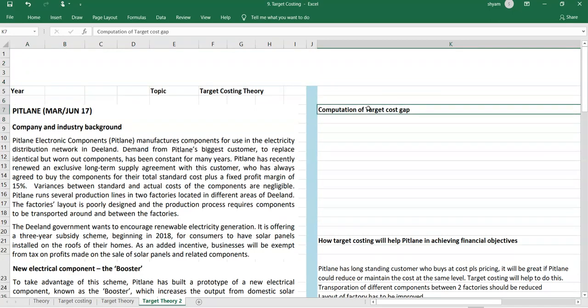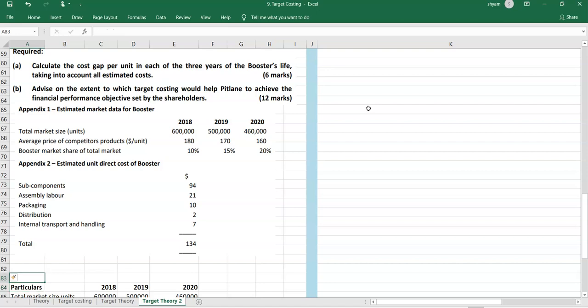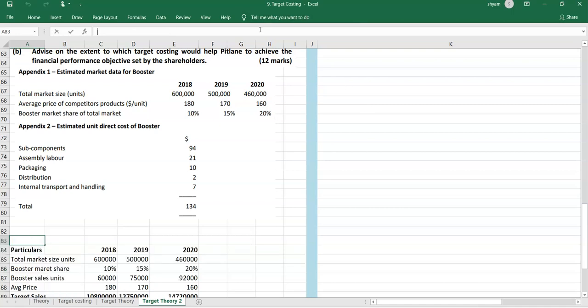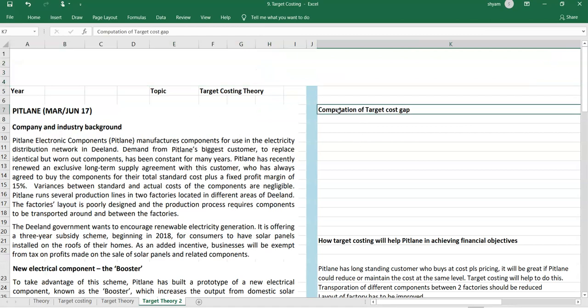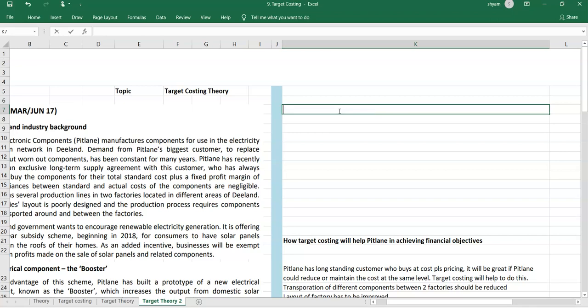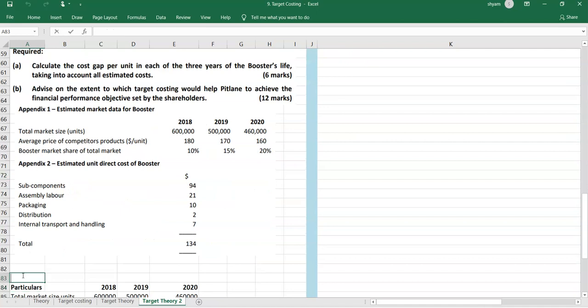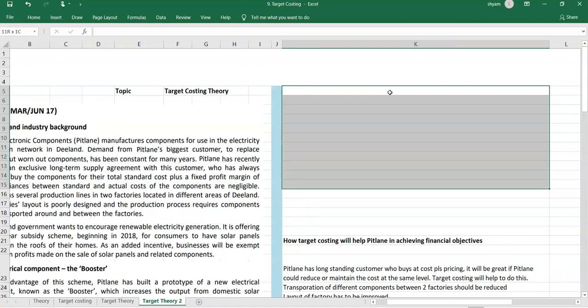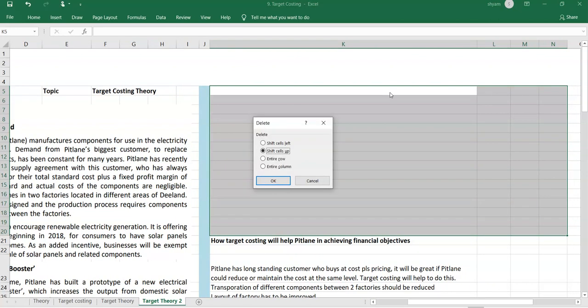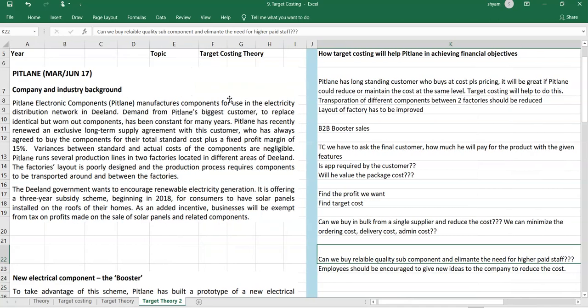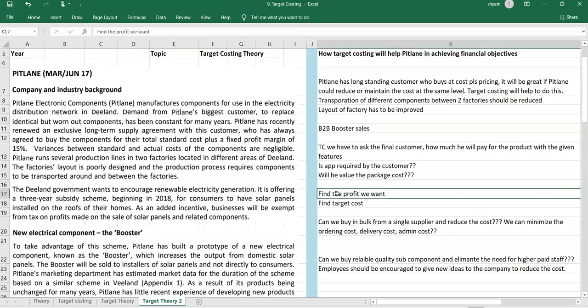So we'll take this. So we also got the answer for these things. So that's about the question here.